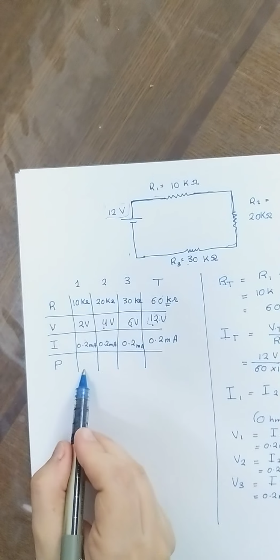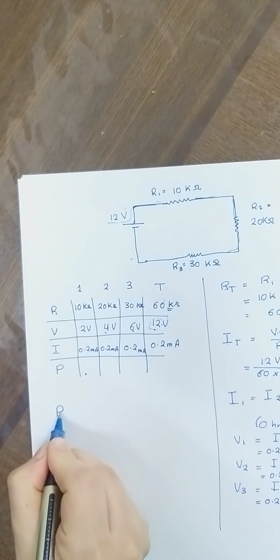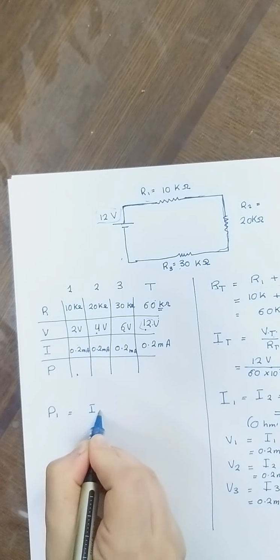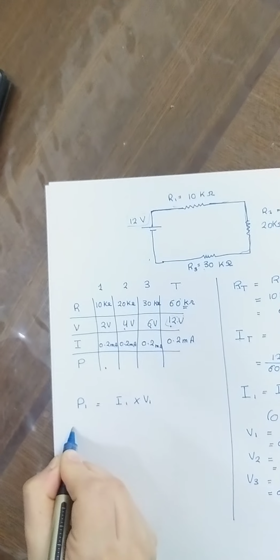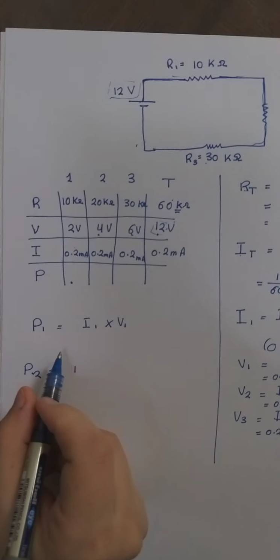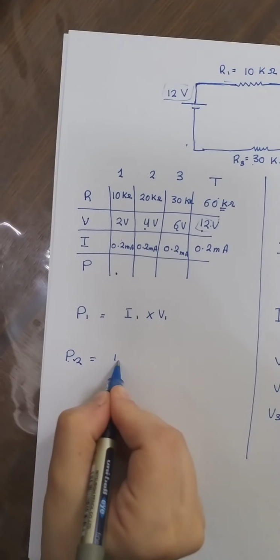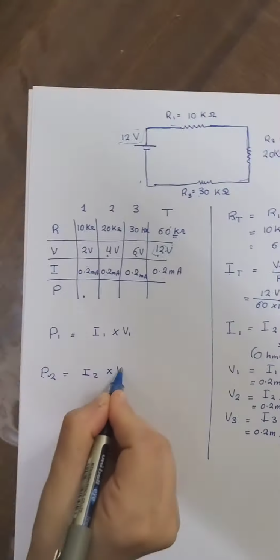Last thing is the power. We can find P1 is equal to I1 times V1. P2 is equal to I2 times V2.